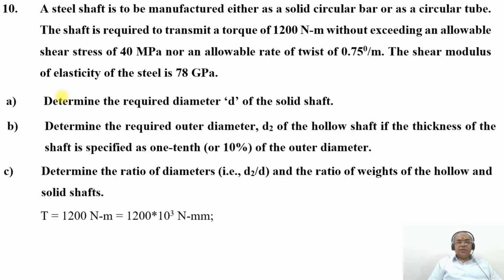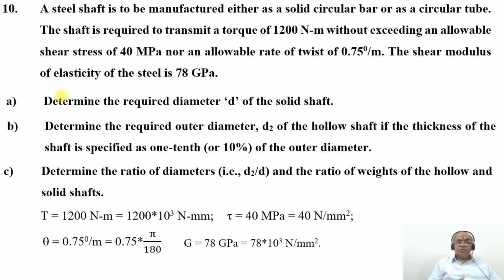to 1200 into 10 to the power of 3 Newton mm. Then the allowable shear stress tau is 40 MPa, which is equal to 40 Newton per mm square, and theta is given to be 0.75 degree per meter, which, converting into radians, will be 0.75 into pi by 180.